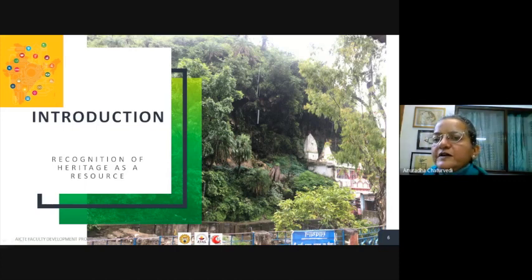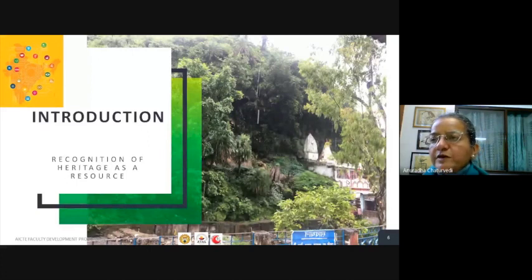So here we can see that when we talk about heritage, it is very difficult to distinguish between the natural and the cultural, the tangible and the intangible. There is a very high degree of interdependence which is there between the natural resource base and the kind of cultural resources which have evolved over millennia in most parts of our country.